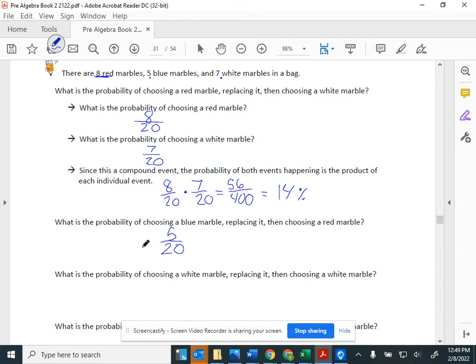And then you would do the red marbles, which is 8 over 20. Then you multiply them together. 5 times 8 is 40, 20 times 20 is 400, and then I find that percentage. What's 40 divided by 400, Maddie?